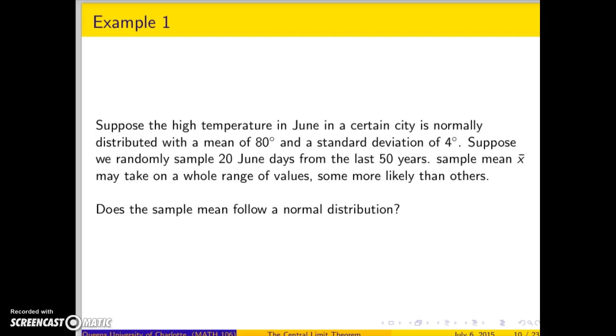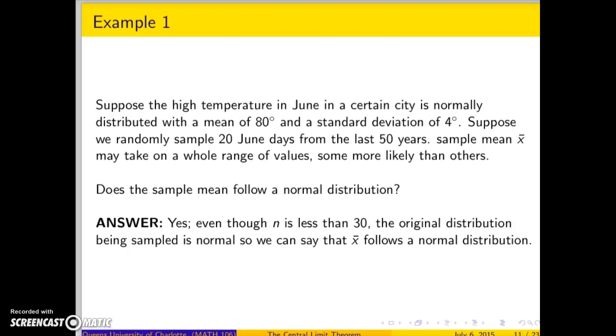And suppose we randomly sample 20 days in June from the last 50 years. Does the sample mean follow a normal distribution? Yes, because even though the sample is only 20 days, which is a small sample, we are given that the original population is normally distributed. So we can still use the normal distribution for x bar.